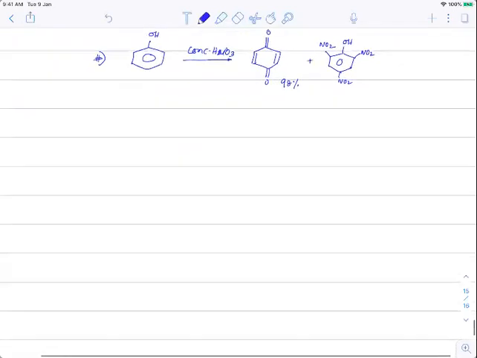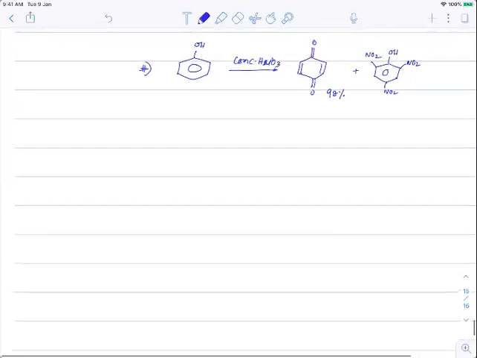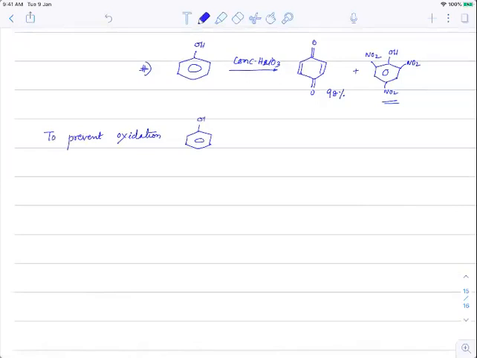Right. So if you want to prevent this, and if you want to get more of this form, this is what I need. So to prevent that, what we do, to prevent oxidation, first we do sulphonation, OH with concentrated H2SO4.